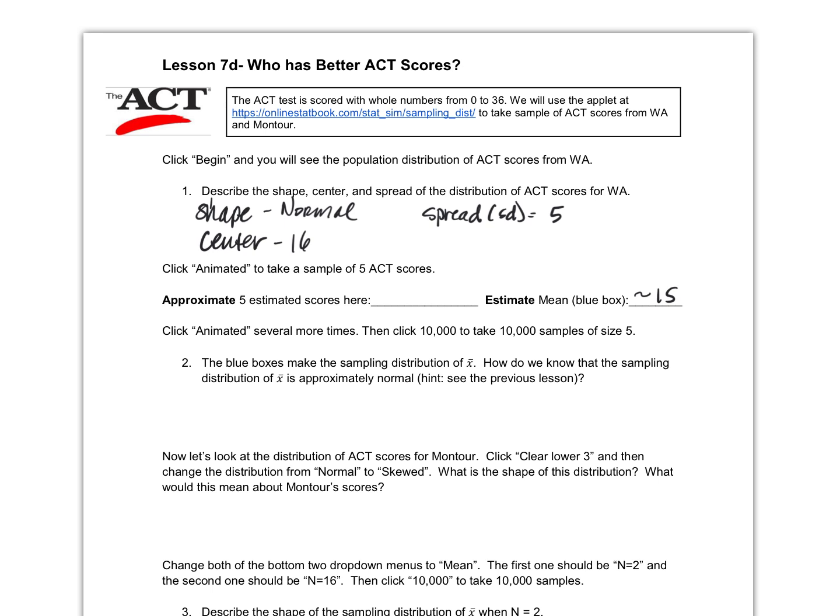So that's what you're writing on number 2. How do we know it was approximately normal? Because the population it came from was normal. All right, that's how you know. That's exactly what we talked about yesterday.